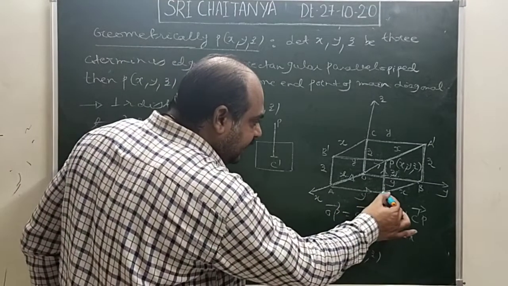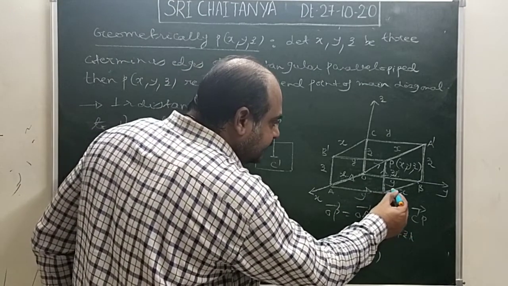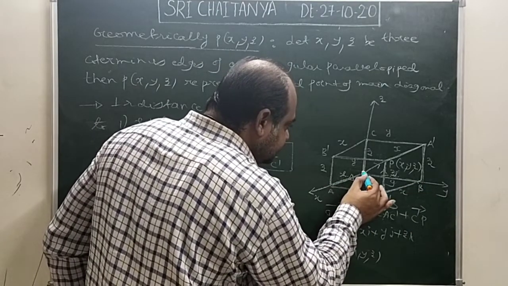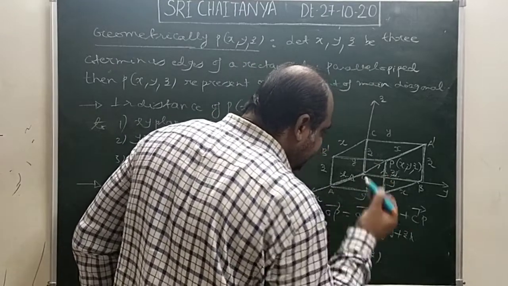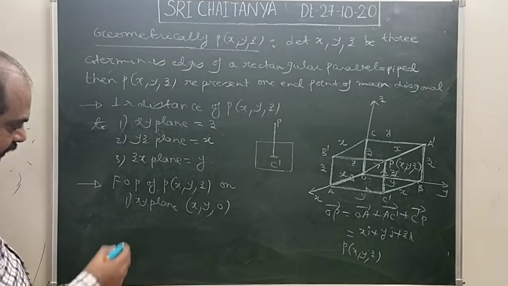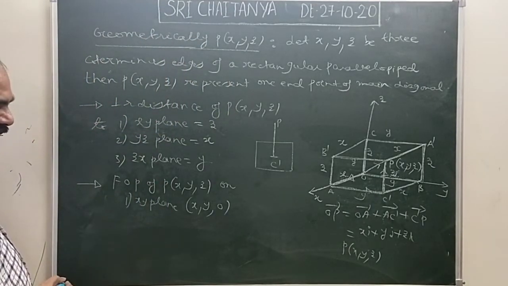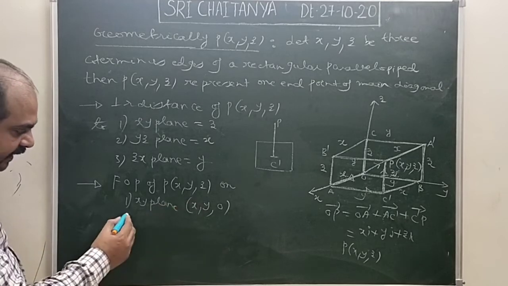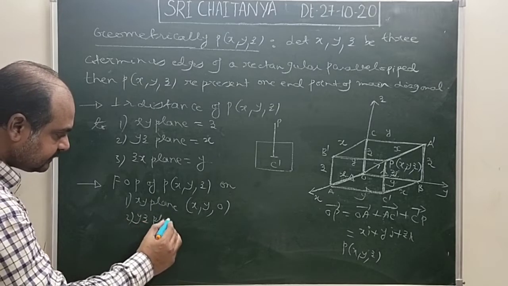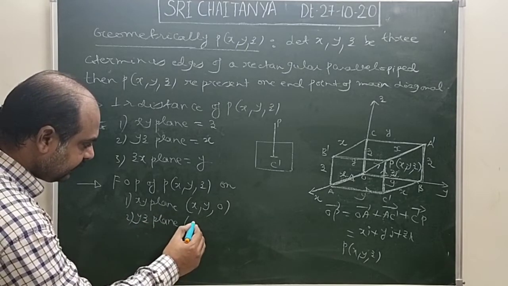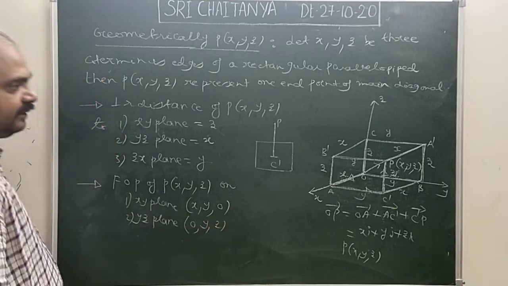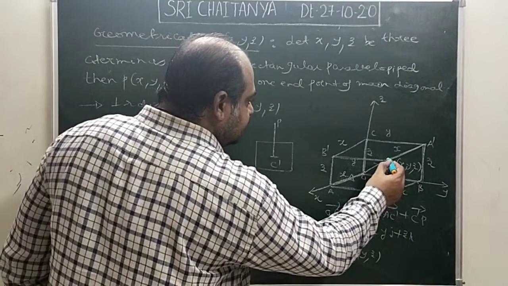Look at C dash. It lies on your paper. It has X coordinate X, and look at the two displacements. This is the X side displacement. This is the Y side displacement. That means this C dash will be what? X comma Y comma 0. So the foot of perpendicular of P, X comma Y comma Z on the XY plane is X comma Y comma 0. On the YZ plane it is 0 comma Y comma Z. From P to the YZ plane, this is the perpendicular.